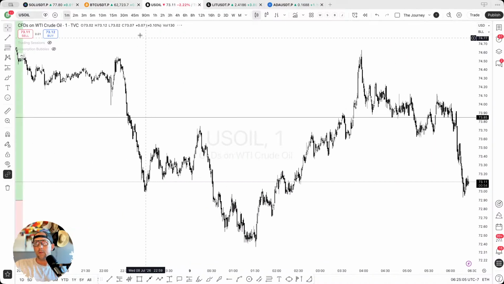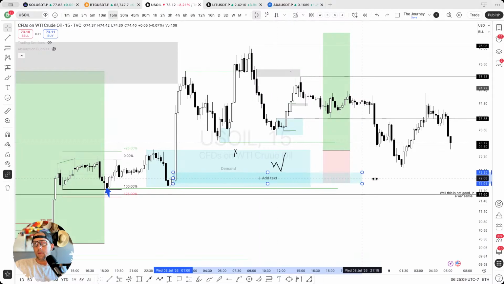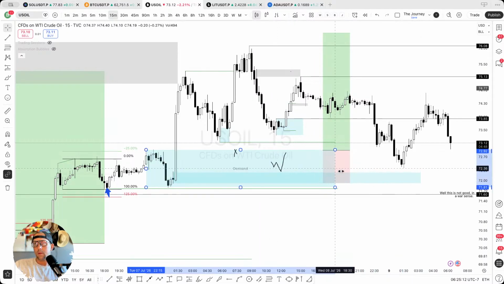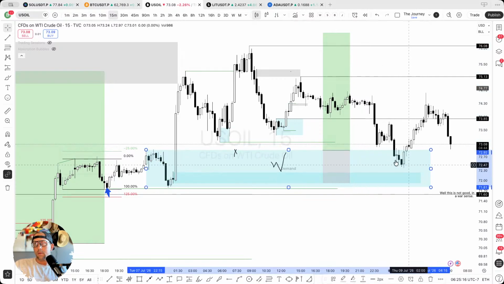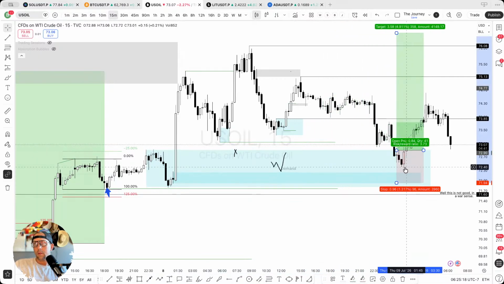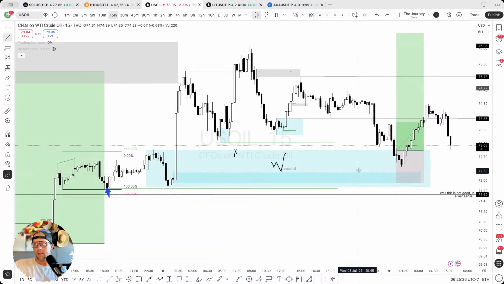Let's get back over to Earl and see if we got any more love to be had on old Earl. So oil did hit this zone and did flip some structure off of it. It cleaned the high that followed, though, and sort of fell apart.